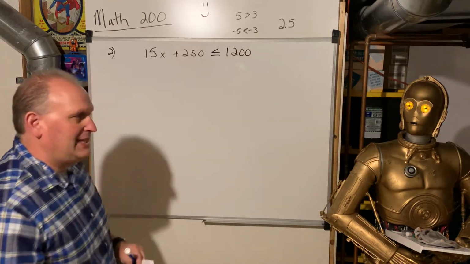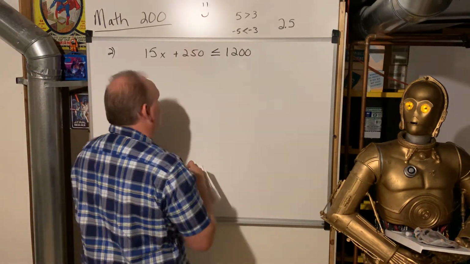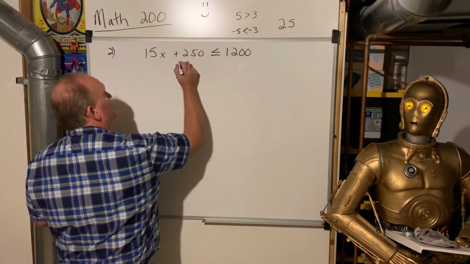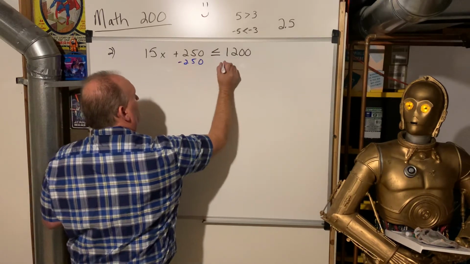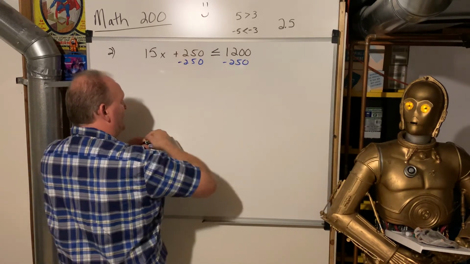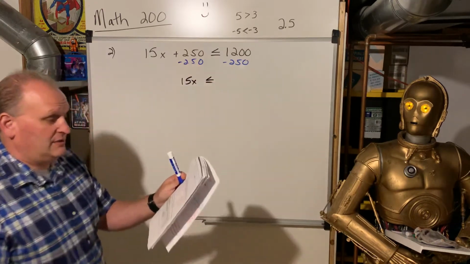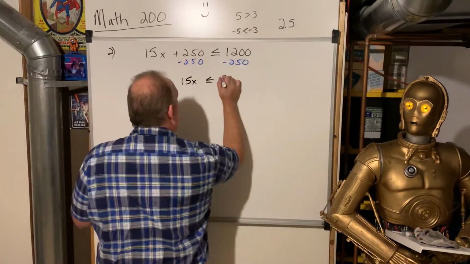Like I said, in the real world when we're working this, we usually put an equal sign there and just figure out the maximum number. But we're playing with inequalities, so we'll go along with it. 15x less than or equal to 950.